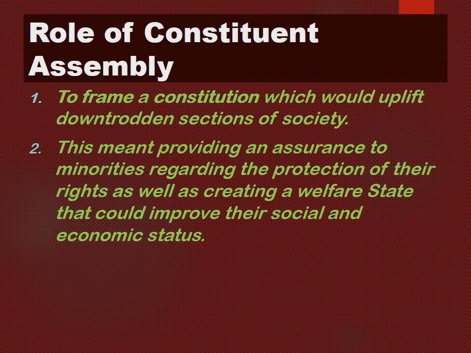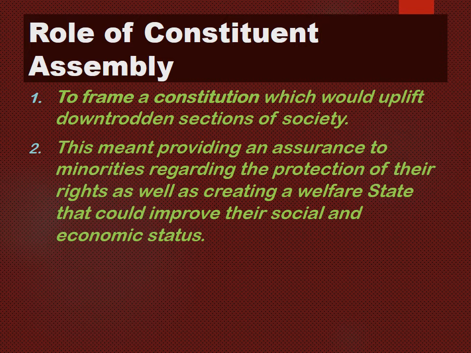So here we will see the role of the Constituent Assembly. They attempted to frame a constitution which would uplift the downtrodden sections of society. This meant providing an assurance to the minorities regarding the protection of their rights, as well as creating a welfare state that could improve their social and economic status.